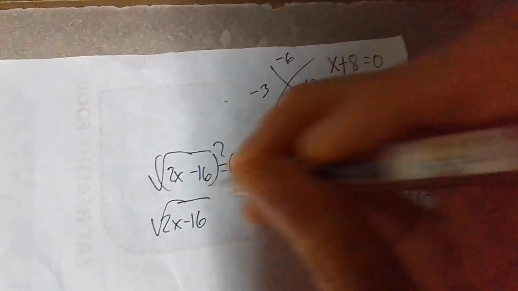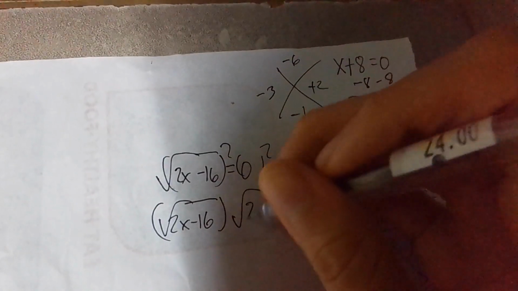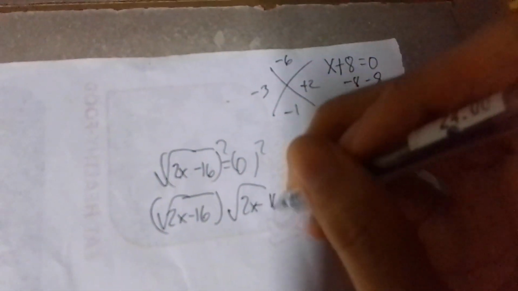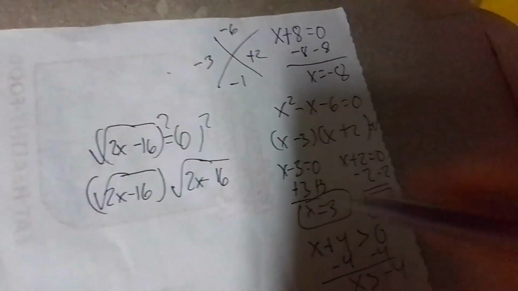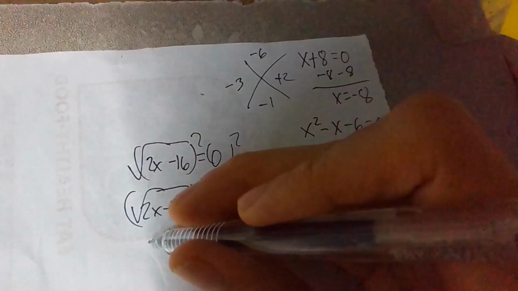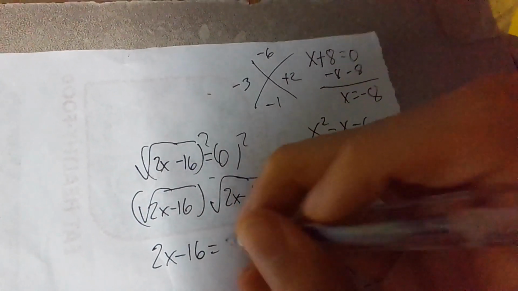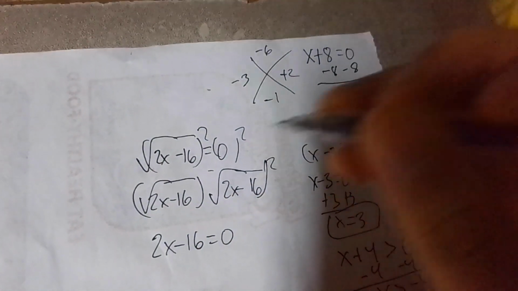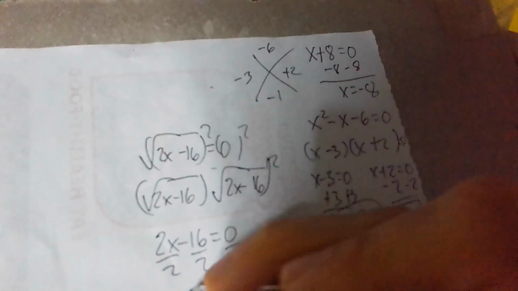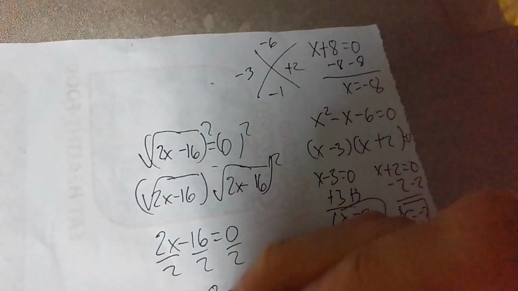And 2x minus 16 squared, applying the laws of exponents. They're being multiplied together, one of them cancels, so you're just left with 2x minus 16 equals 0. Actually, for this situation, you can divide everything by 2, and x minus 8 equals 0.